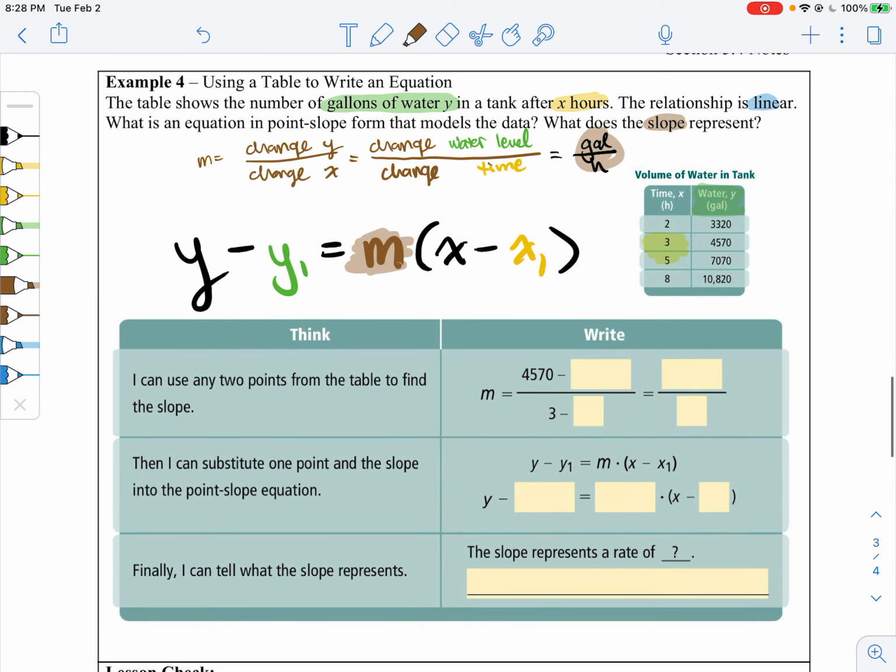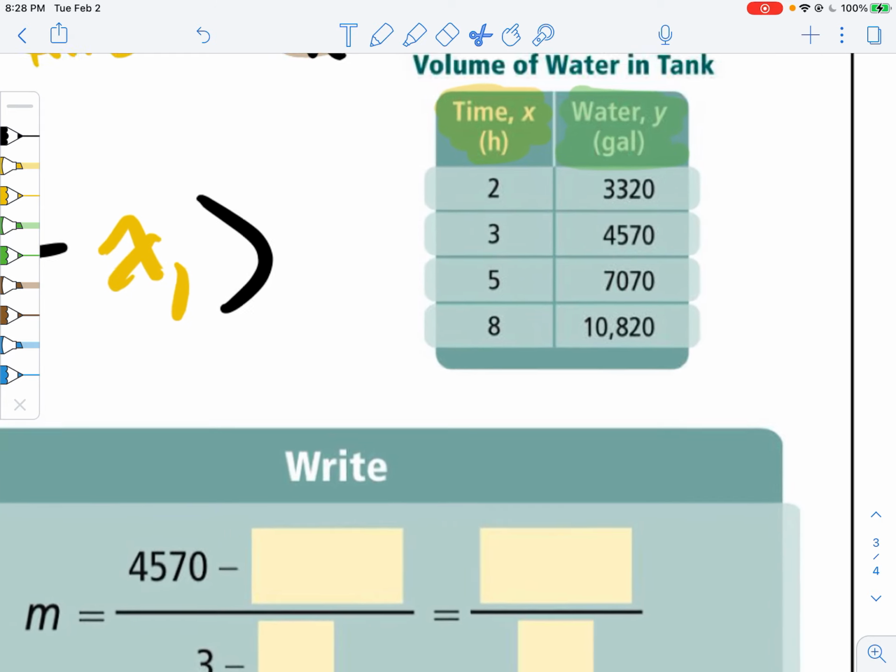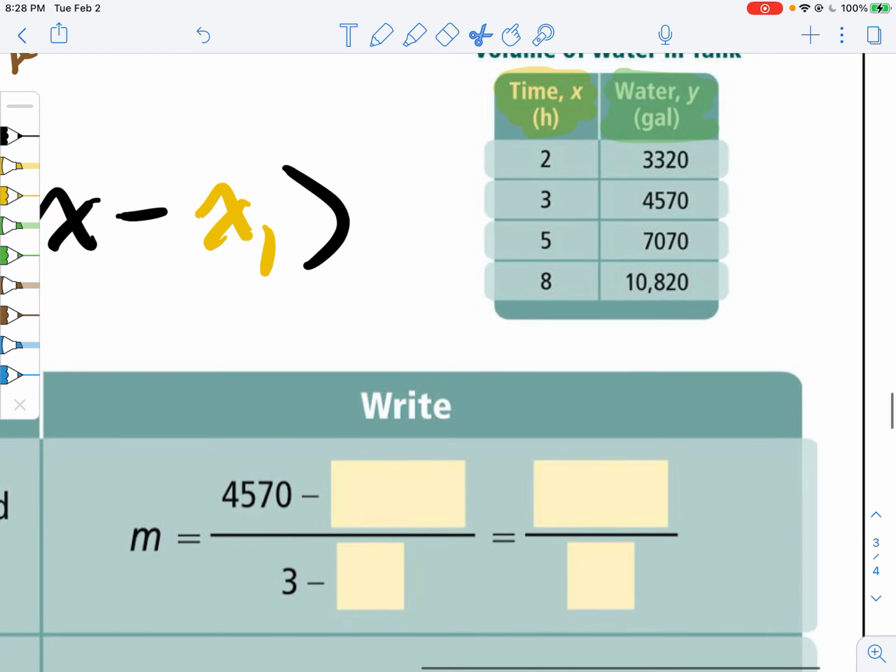Okay, so in order to find the slope, we need to figure out 2 points that will give us our slope. The easiest thing, you guys, is always go for the smallest numbers. So we're going to pick at 3 hours, where we've got 4570 and 3.